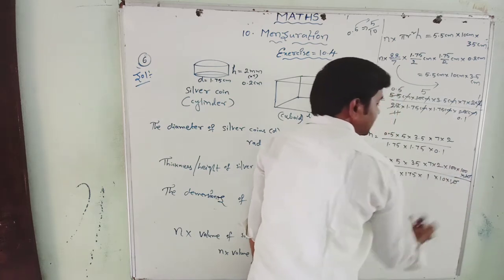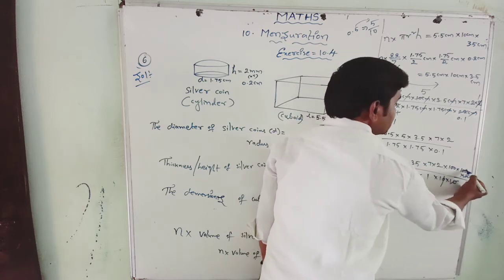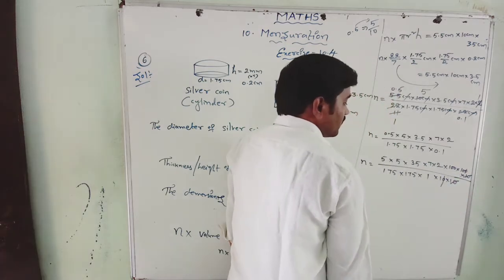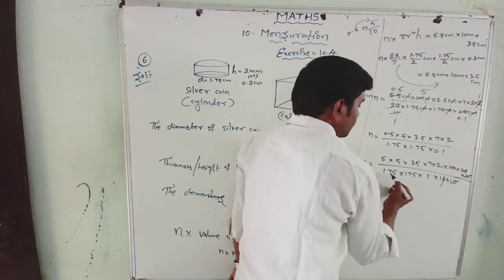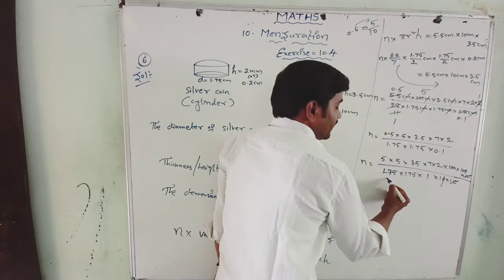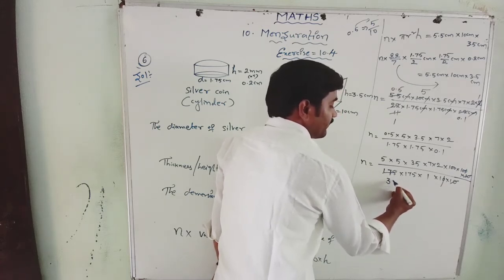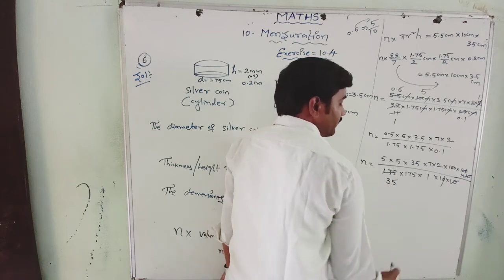So this 10 gets cancelled, and here 10, here 10 get cancelled, and see that in the 5 table we cancel it. 5 3s are 15, 5 3s are 15, 2 left, 25, 5 5s are 25.